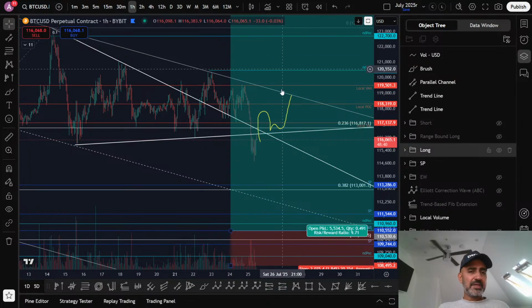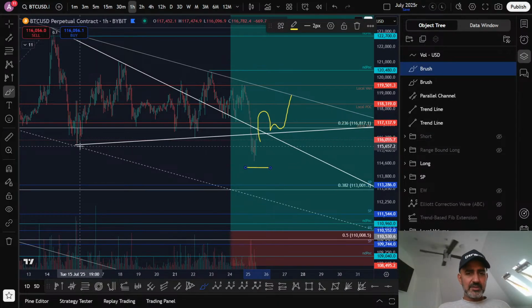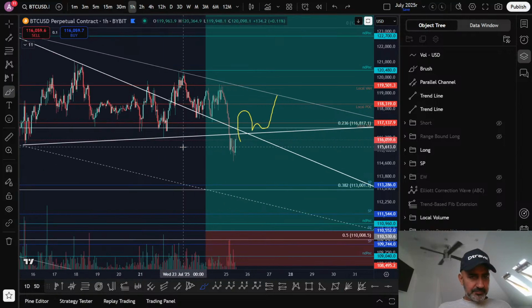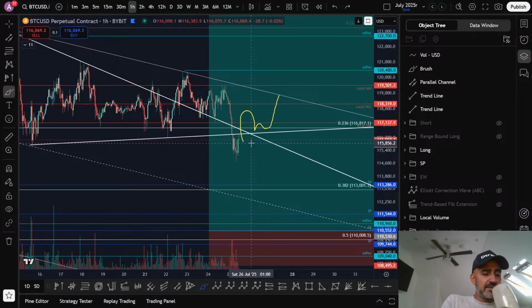There's a little bit of strength, and that was probably the pivot low. Maybe that swing failure was correct, but it's a hard trade to take because you're kind of longing into resistance.